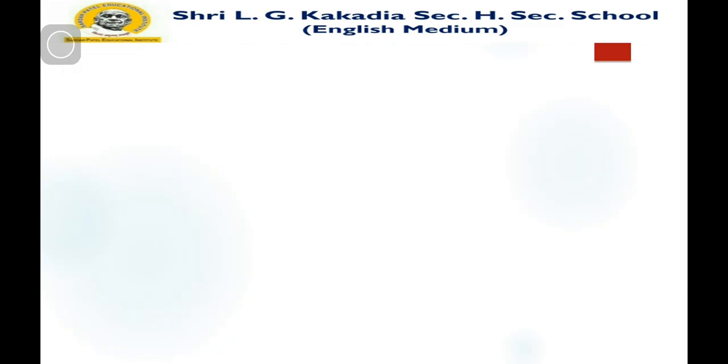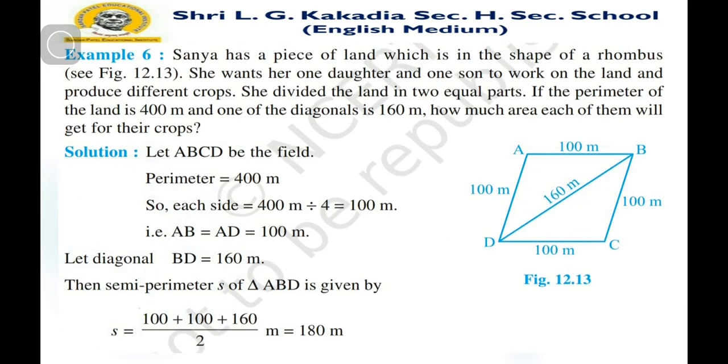Now let's see example number 6. Sanya has a piece of land which is in the shape of a rhombus. In a rhombus we know that all sides are equal. She wants her one daughter and one son to work on the land and produce different crops.